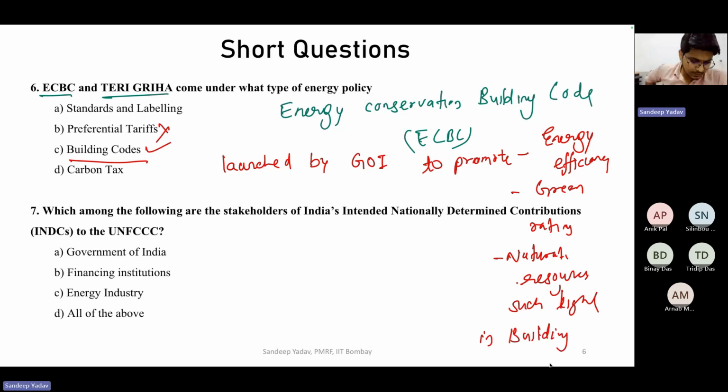GRIHA stands for Green Rating for Integrated Habitat Assessment. Both are developed by TERI as a rating system for buildings and green buildings. So I hope it is clear.